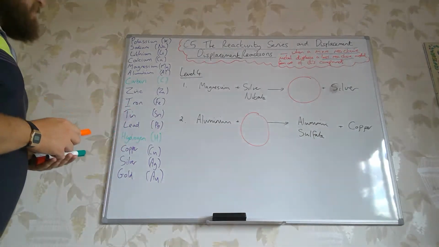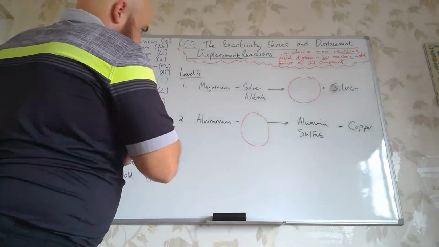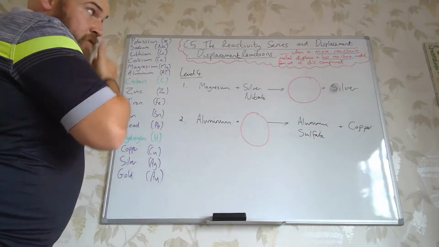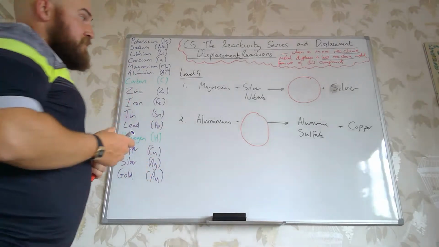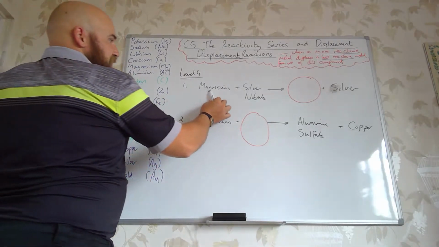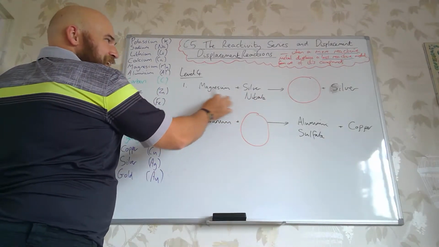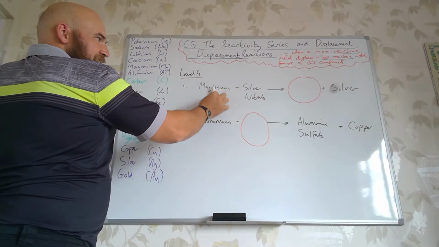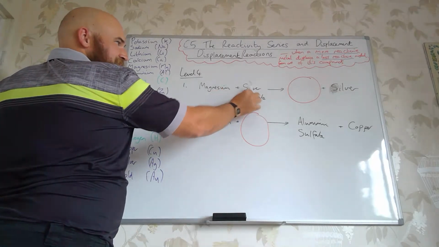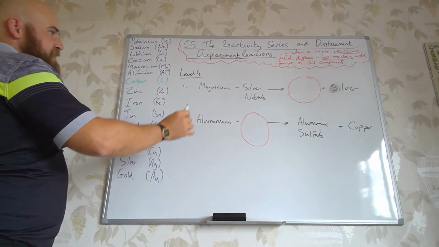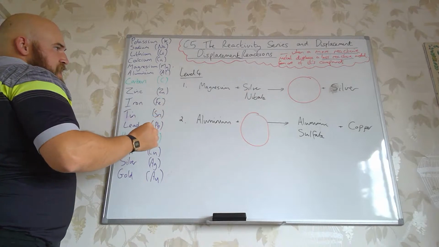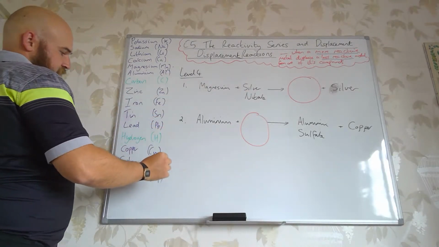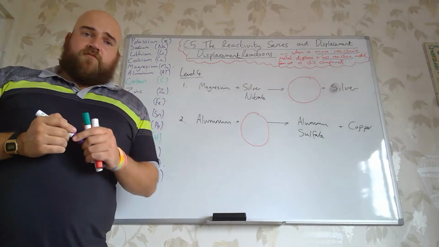Okay, let's have a look at that first question then. So I told you these reactions do happen, but let's try and prove that by looking at the reactivity series. So magnesium plus silver nitrate. Is magnesium reactive enough to displace the silver from silver nitrate? So magnesium is there and silver is there. So magnesium is definitely reactive enough.